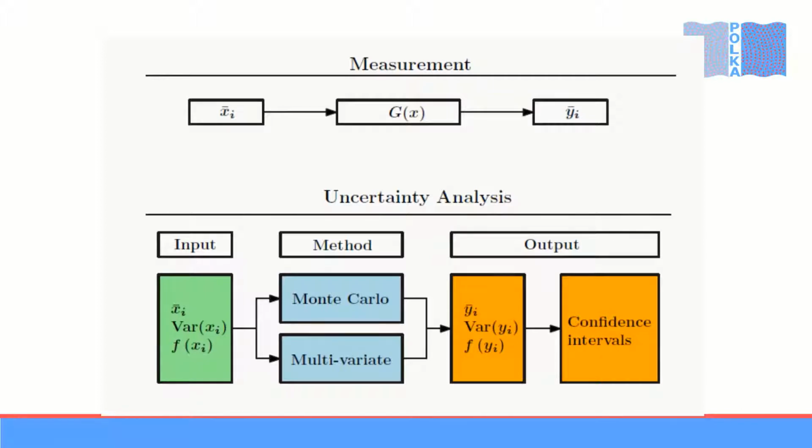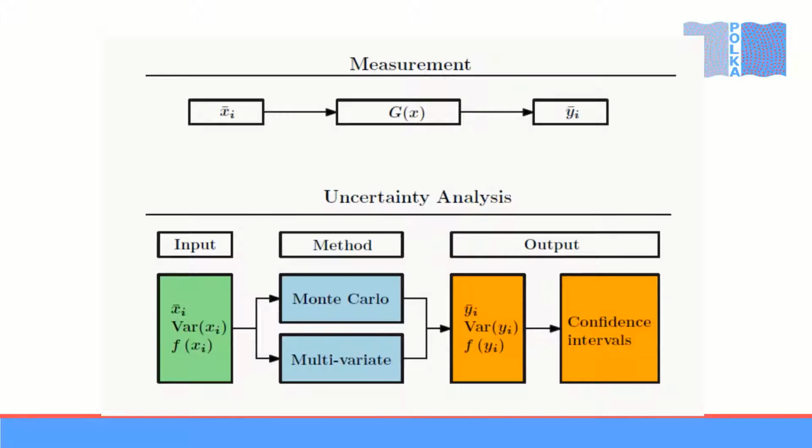So you need to find out the variance in the input data, and F here stands for the distribution function of the input data. There could be different types of inputs, and you need to find the variance of them and the distribution function.